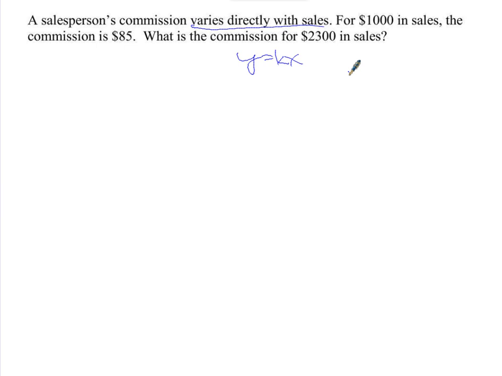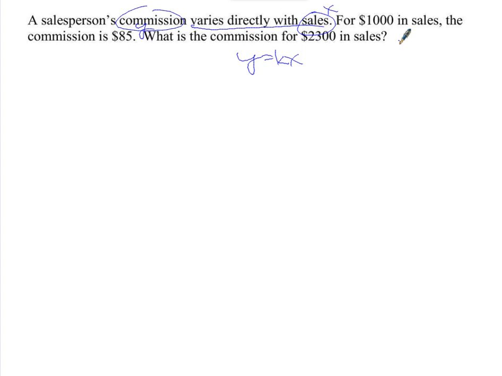A salesperson's commission varies directly with sales. That's kind of like y varies directly with x, right? So the way that that's worded leads me to what's y? This is y, and this is x. You have to make that analysis first. Once you've done that, then this problem becomes fairly simple.